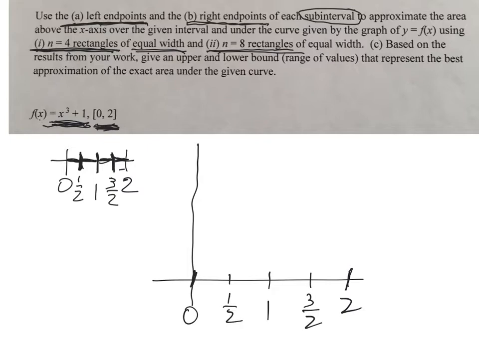Now our function, our y values, would be calculated using x cubed plus 1. Well, if x is 0, our y value is what? 0. Oh, no, it's 1. Okay, plus 1. Yeah. So, okay, and we'll make these a little bit smaller. So there's 1. Okay, there's going to be the point (0, 1). And then, well, let's go clear over to 2. If x is 2, we're going to be up at what?